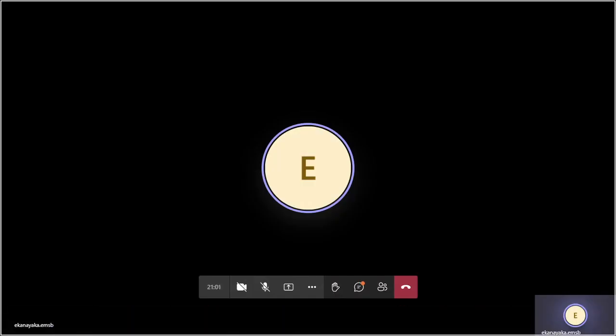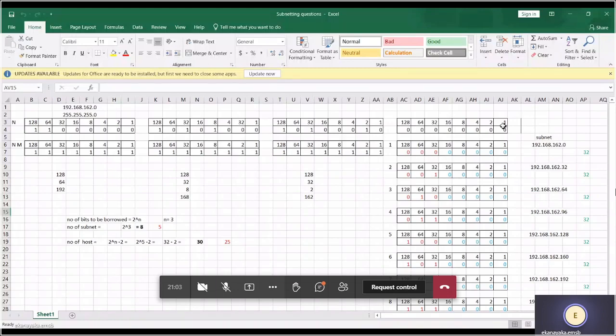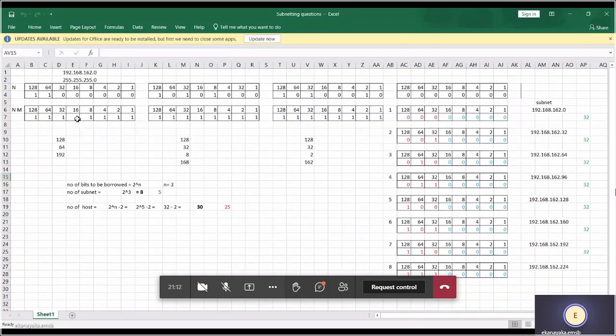Now look. I believe that you can see my Excel sheet.